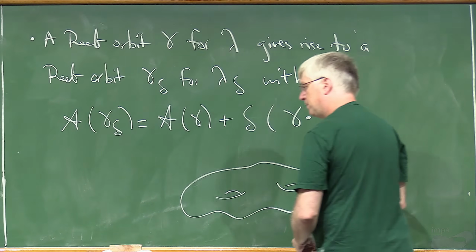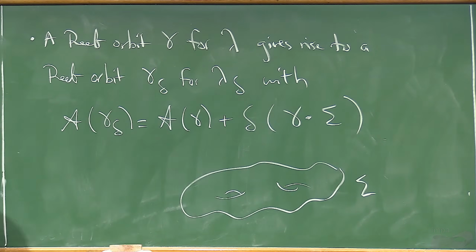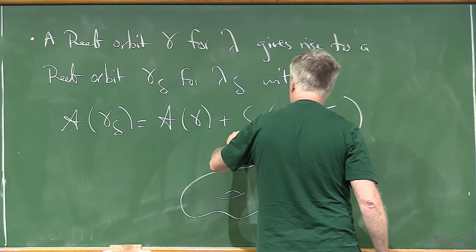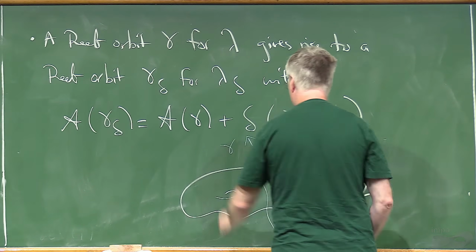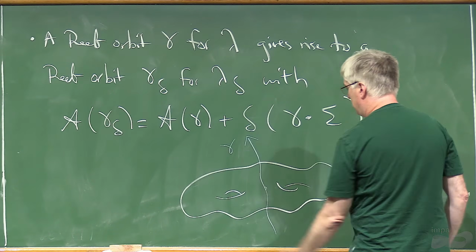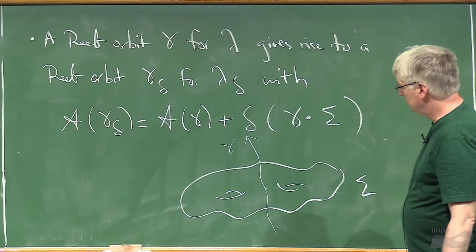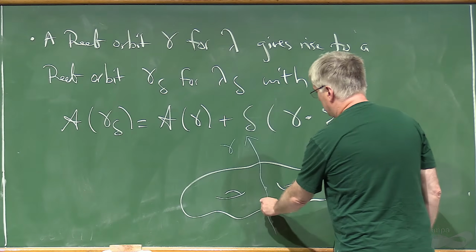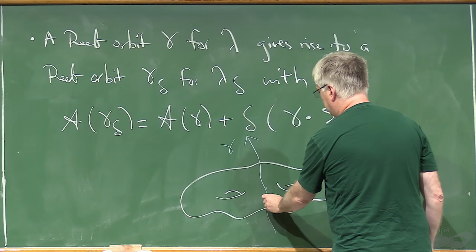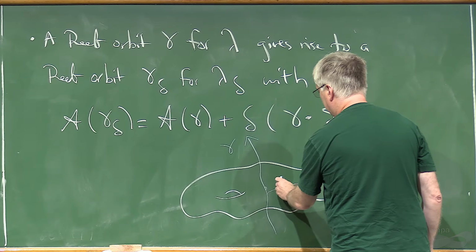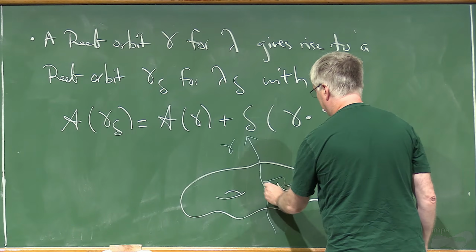So here's sigma. I start with some Reeb orbit gamma, just going through sigma, and then after I do this deformation of the contact form, when the orbit gets close to sigma, it's going to get deflected somehow, but then it's going to come back to its original trajectory.